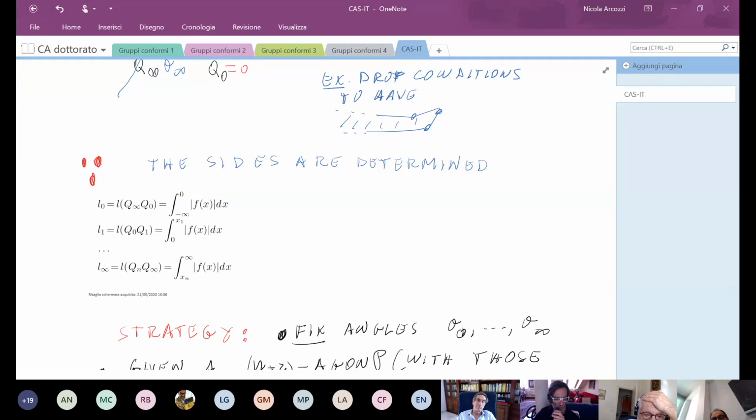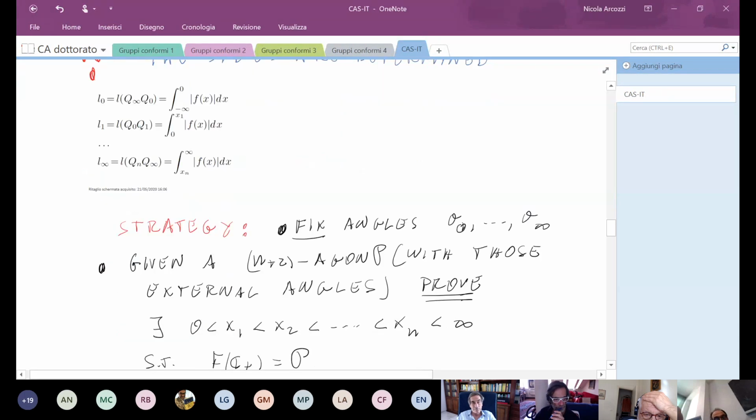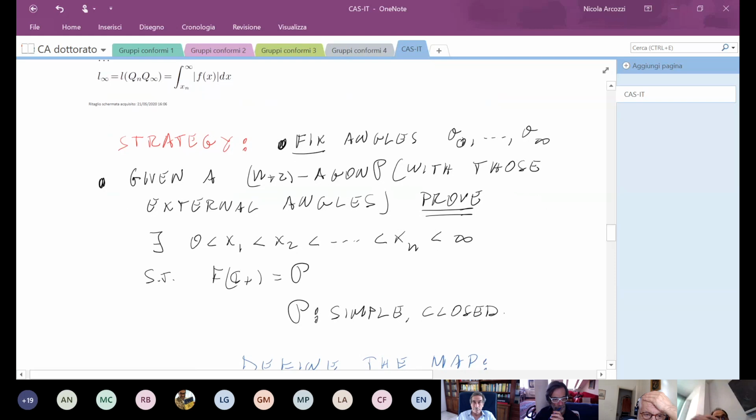So what is the strategy of McKean? The strategy is this one. We fix the angles satisfying all of the properties we said before: the sum of these has to be 2 pi, and they cannot be too large in absolute value, and so on.